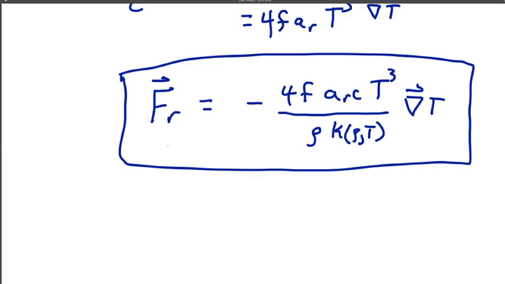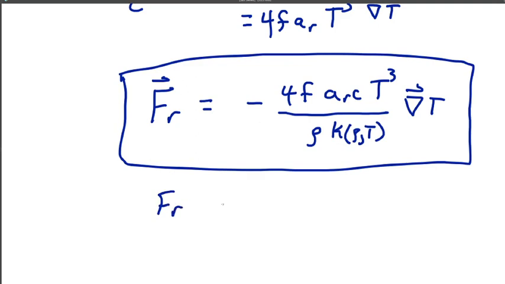We see some other things too. We see that the opacity shows up in the denominator. So if there is more opacity, there's less radiative flux. Let's write down those quick observations.